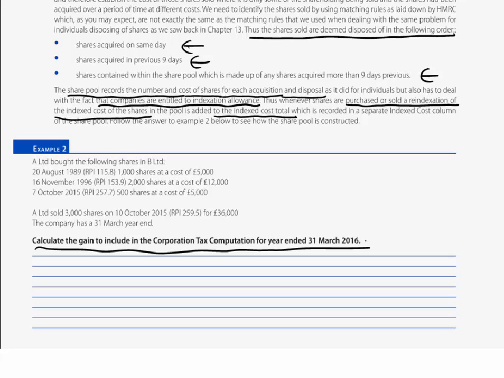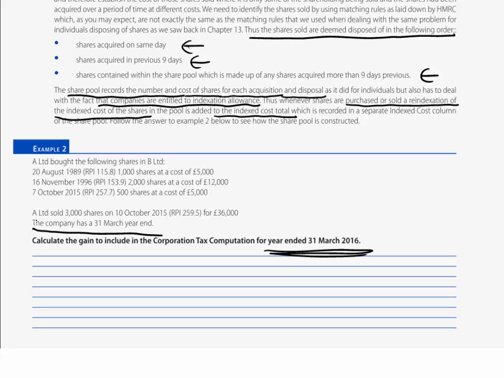So we'll need to know what accounting period we'll be dealing with. You can see here, just at the bottom of this information in the question, the company has a 31st of March year end. So year ended 31st of March, we knew from the question what transactions occurred therein.